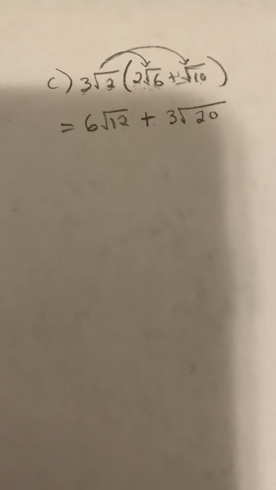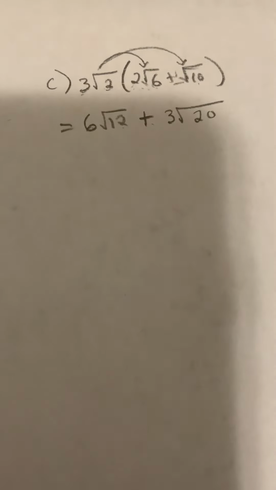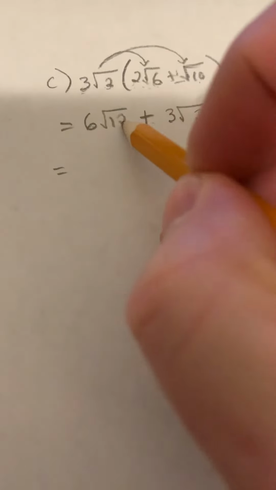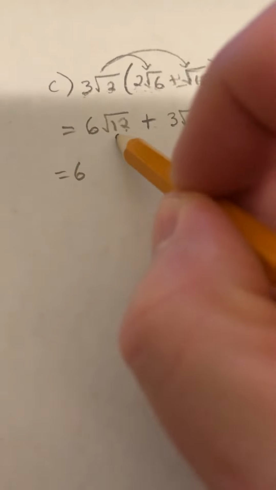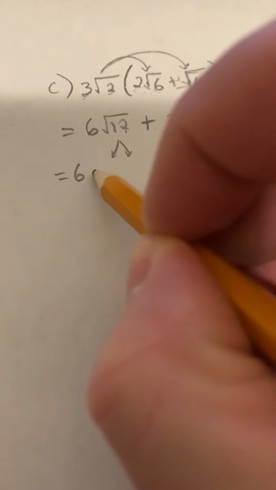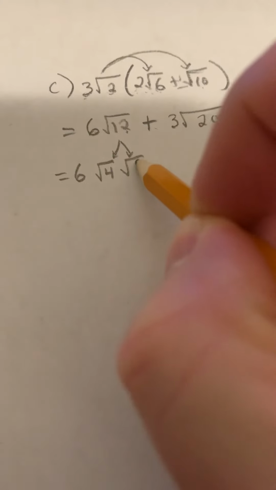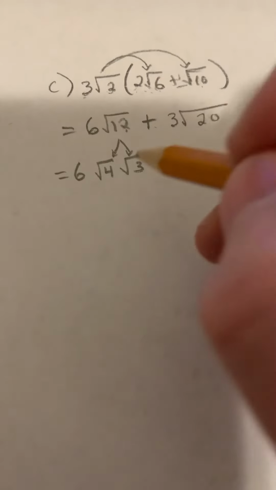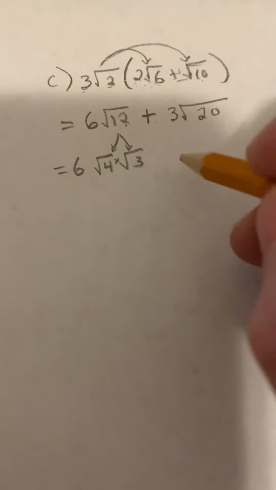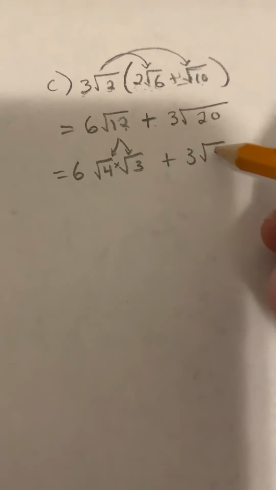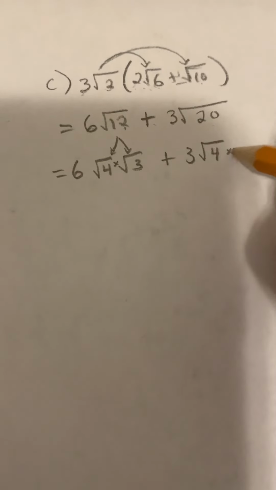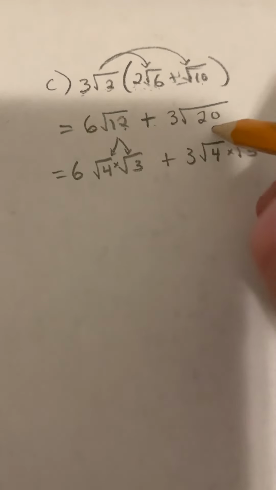Okay, so now we want to see if we could reduce this. So the square root of 12, we could break it down into the square root of 4 times the square root of 3. You could put a multiplication sign here, you don't need to. And then our 20 can be, again, square root of 4 times the square root of 5.